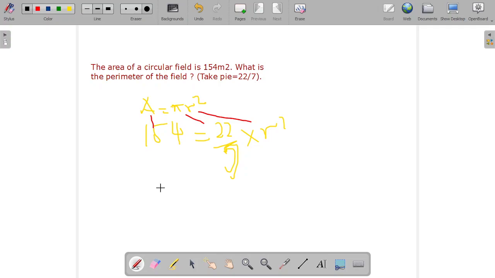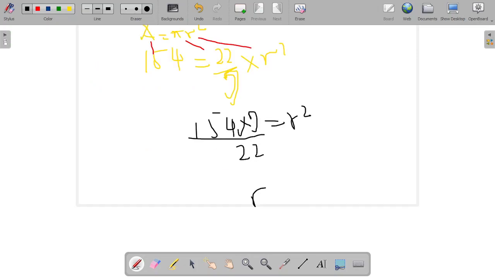Let's perform cross multiplication between these two. What do I mean? We say 154 times 7 is equal to r squared times 22. Divide both sides by 22. We get r squared is equal to 49.